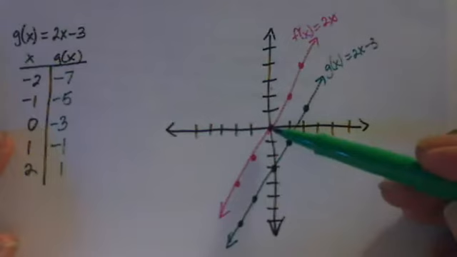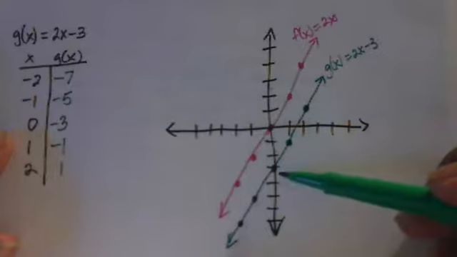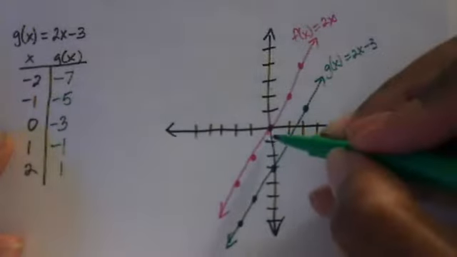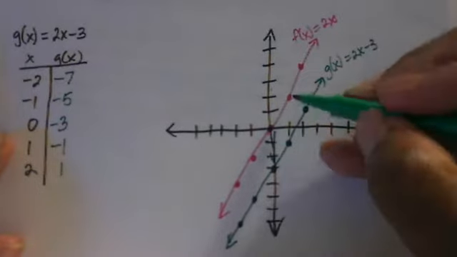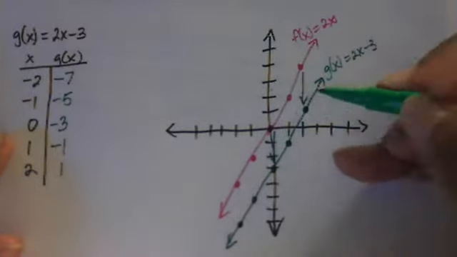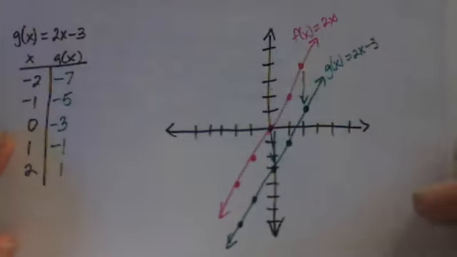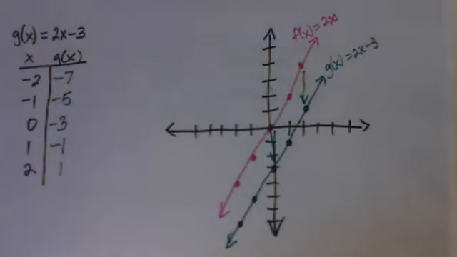Here it's at 0, 0 for f of x equals 2x. But for g of x equals 2x minus 3, it's shifted down 3 places. So this point has just shifted down 3 places. This point up here has shifted down 3 places. So that's the difference between f of x and g of x.